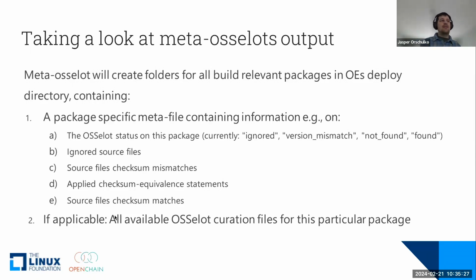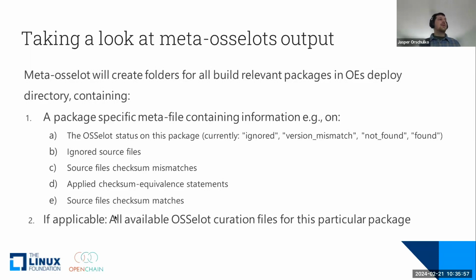So basically, the package you were looking for was found in the OSSelot database, but not in the exact version that you were hoping for. Or maybe it wasn't found at all, or you had a perfect match in the versioning at least. That doesn't necessarily mean that all the source code is identical, due to the patching mechanisms of OpenEmbedded. Then it will also list which source files have been ignored.